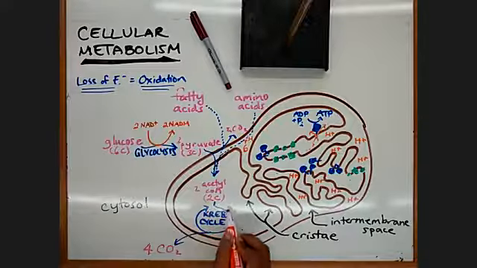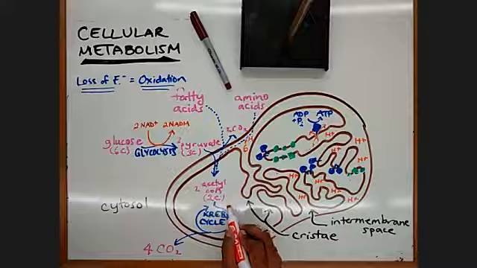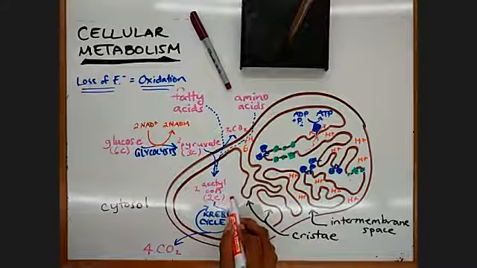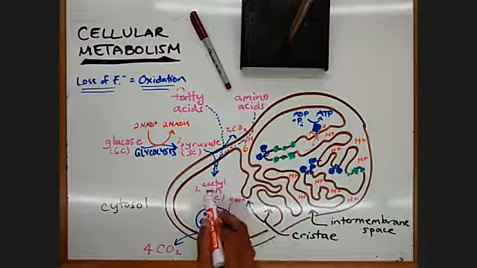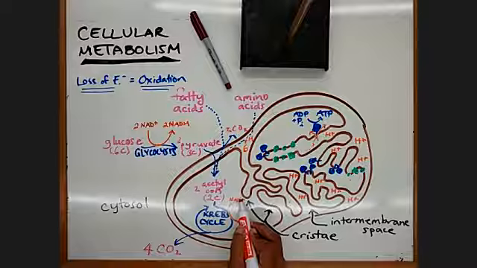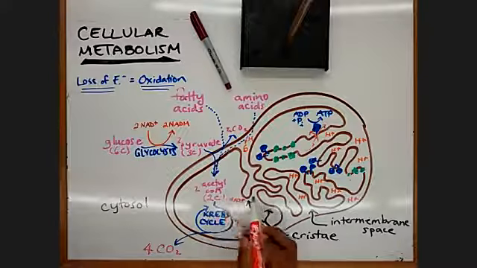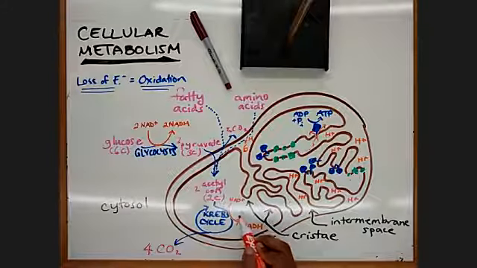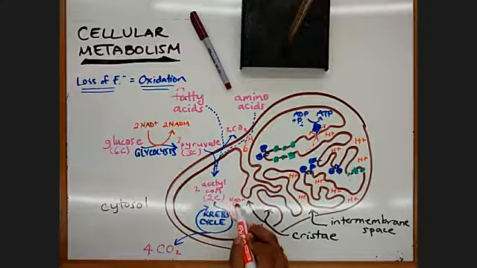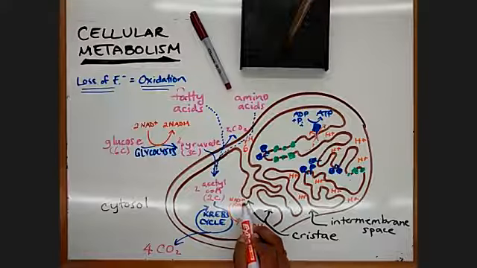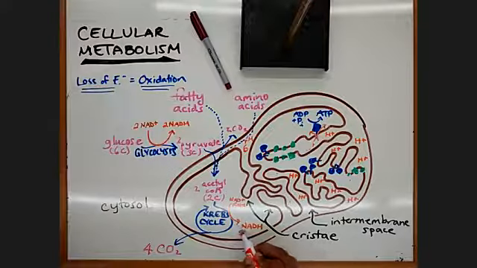Same thing happens down here. We have electron carriers that take electrons from acetyl CoA, and these NAD+ become NADH. And there's even another electron carrier known as FAD, and we're not going to go into the details of that either.